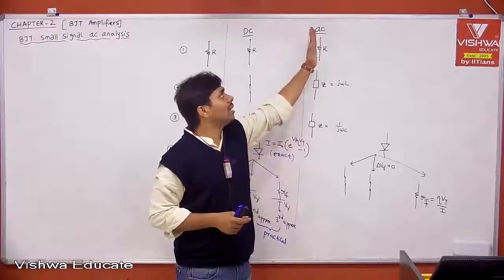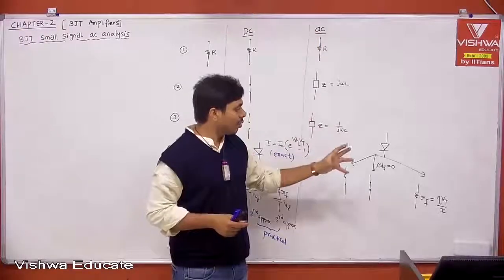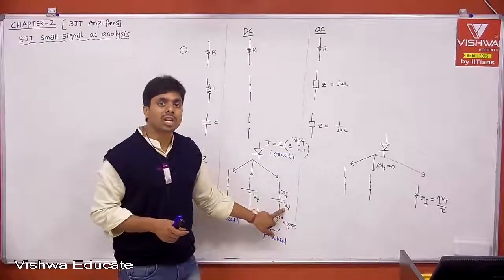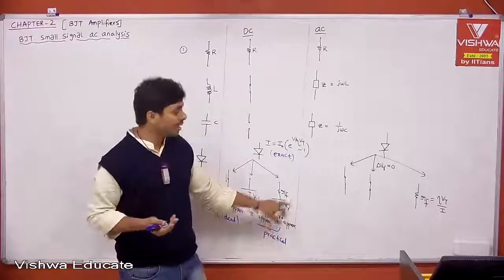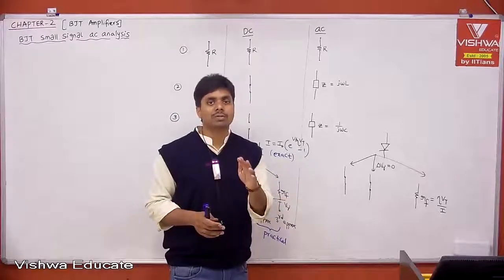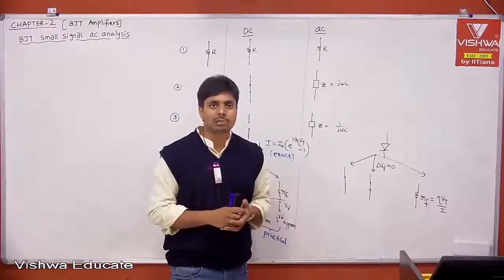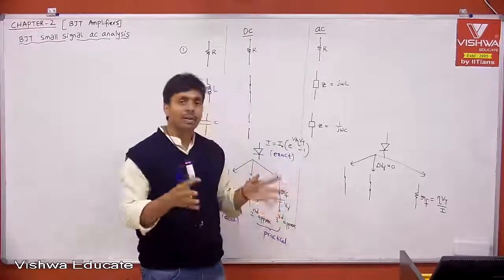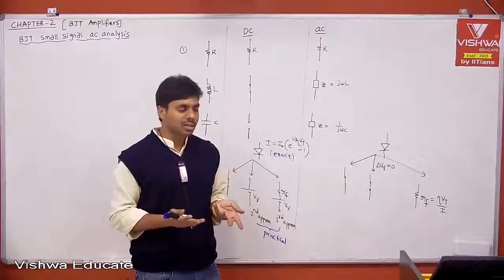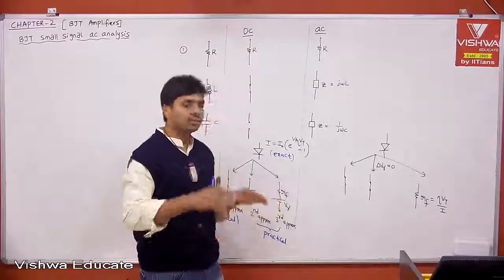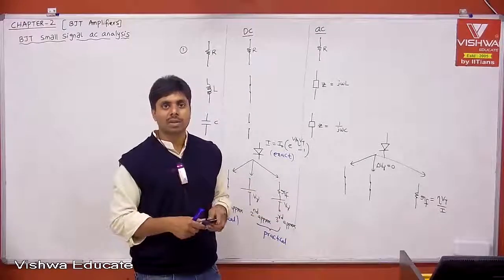We don't need to bother about V gamma because that is not going to disturb our AC functionality. We are trying to observe the change in voltage and the change in current with respect to time. Then that V gamma will not impact those things, because V gamma is not changing with respect to time. Therefore, the DC quantities will be cancelled.